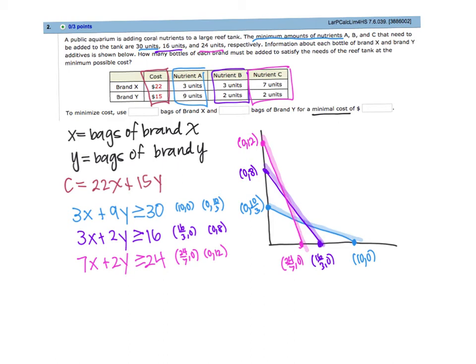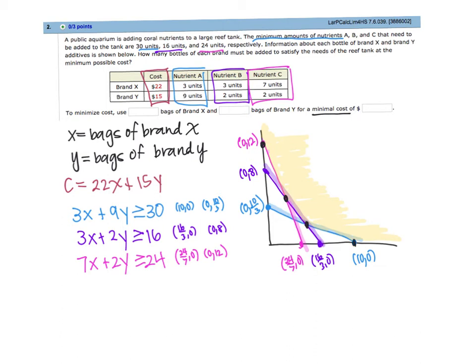Okay, so my feasible region is actually this unbounded area way out here while I stay in quadrant 1, which makes sense that I'm trying to minimize my cost, because if I were trying to find a maximum, because it's unbounded, I would have no idea what the maximum is going to be. Okay, so I need to list my vertices, which would be this one, this one, this one, and this one.